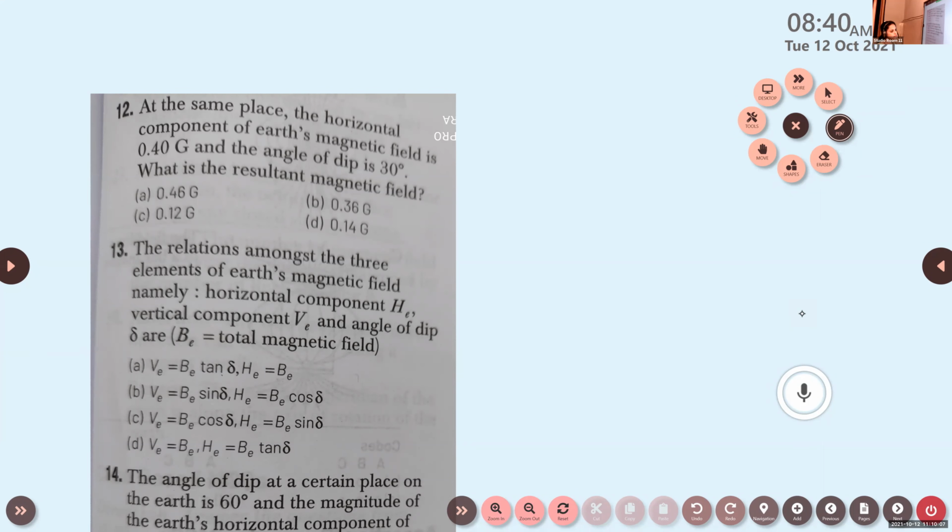Which equation can we use here? The horizontal component of the Earth's magnetic field is given by H = BE cos I. What does I represent?